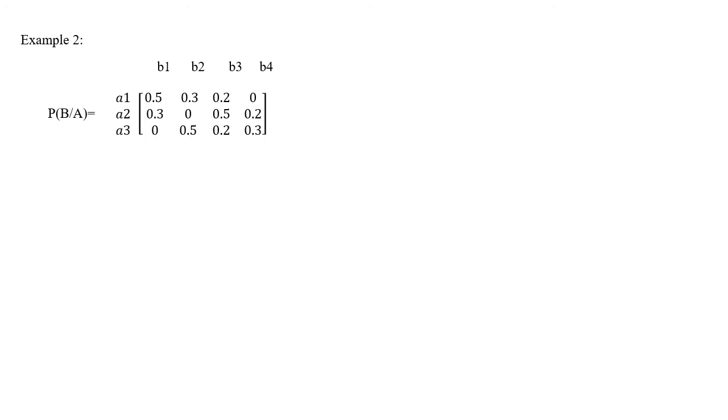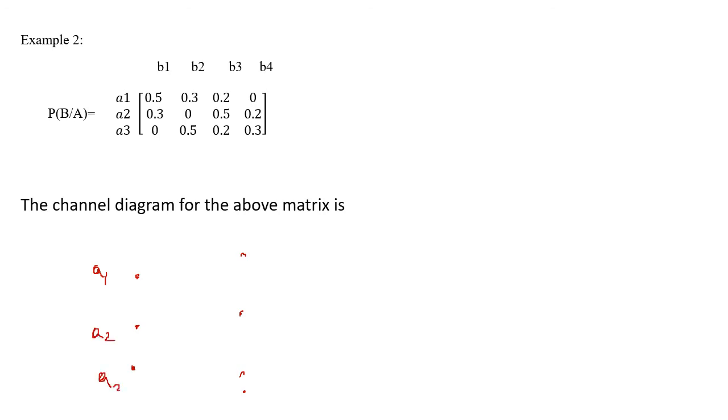The channel diagram for this matrix can be written with 3 inputs and 4 outputs in this particular case. So you have A1, A2, A3 as inputs, and B1, B2, B3 and B4 as outputs.